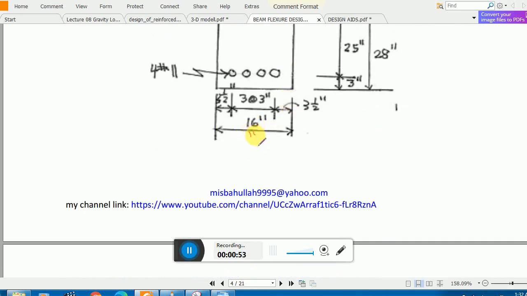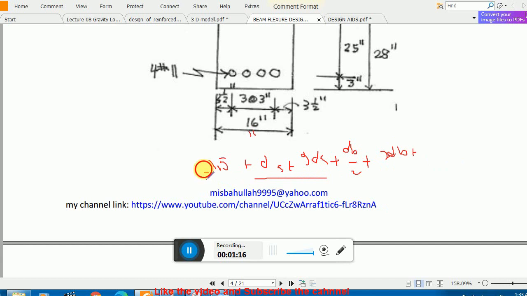You can confirm this from the equation as well. How much? You can say 1.5 ds plus 2 ds, plus the diameter of the bar divided by 2, plus 2 times the diameter of the bar, and plus again this term.